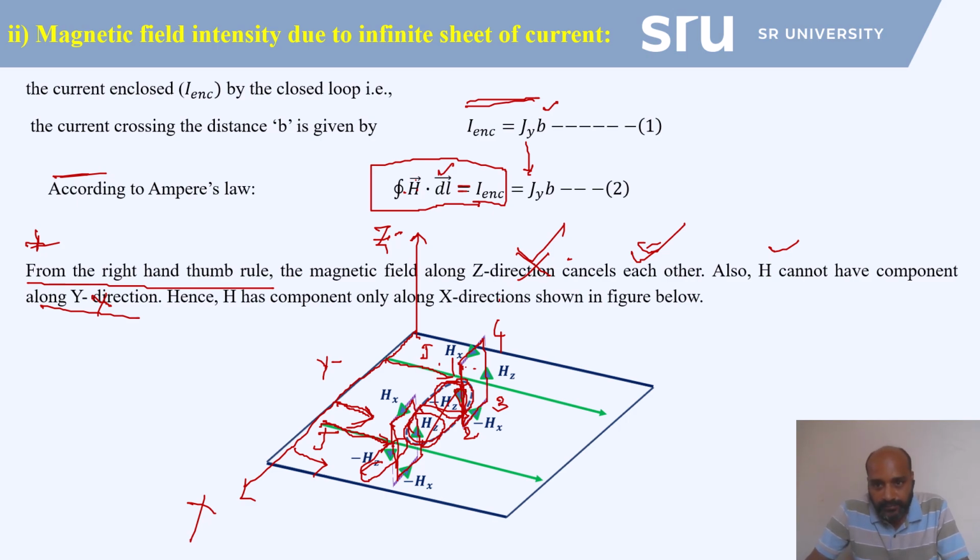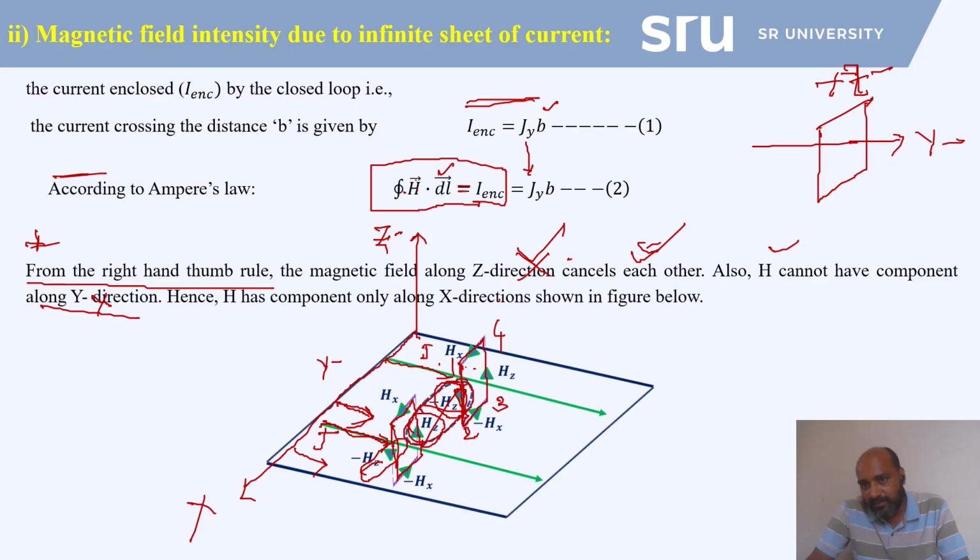Number two, H cannot have components along the y direction, because from the beginning we are saying that if this is the direction of current along the y axis, the magnetic field will be produced perpendicular to the current direction. I mean, this is xy plane. Sorry, xz plane, because which plane will be perpendicular to y? xz.